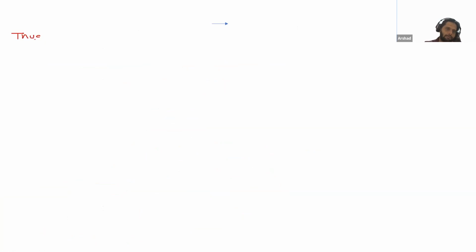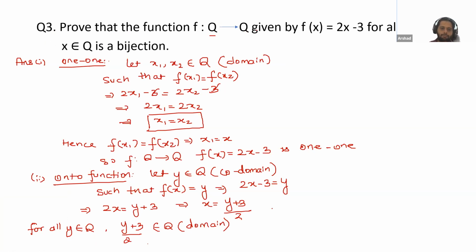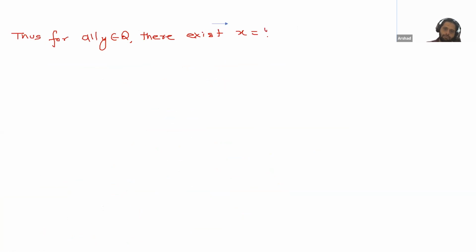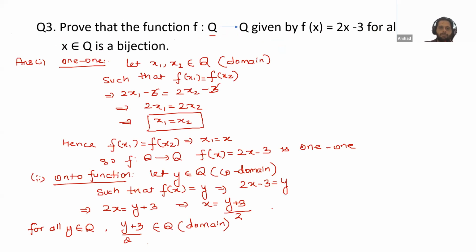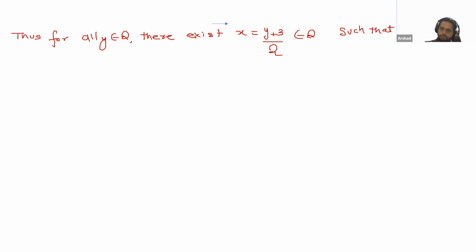Thus, for all y belongs to Q, there exists x is equal to (y plus 3) by 2, which belongs to Q, such that f(x) is equal to 2x minus 3 is equal to y. Hence the given function is onto.